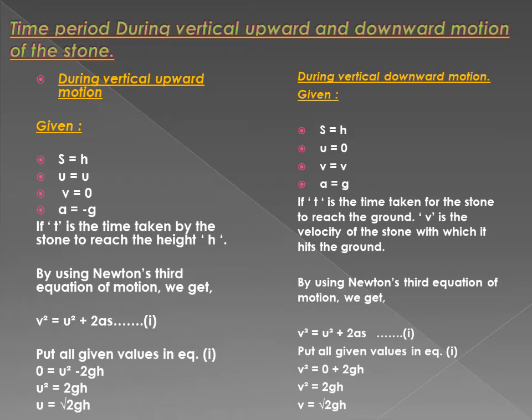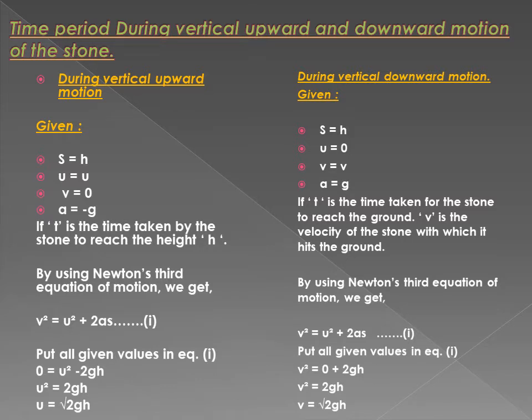Now come to the second case, that is during vertical downward motion. Given s is equal to h, because the stone covered the same distance. But in this case, the stone is moving with a velocity v and its initial velocity u is 0.